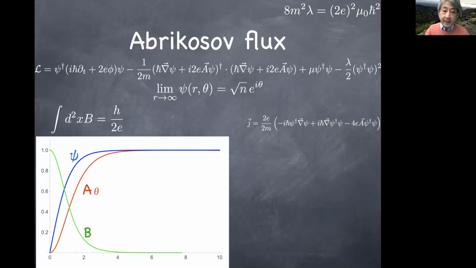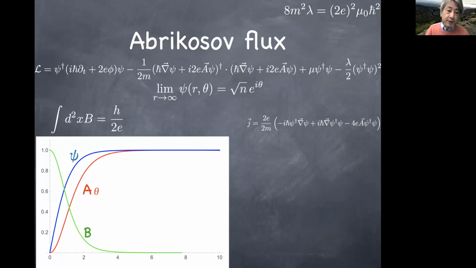And at infinity, A of theta should approach the value to cancel the theta derivative of psi, just like we have done in the case of the donut, right? So that's the constant value over here. At the spatial infinity, that would cancel this covariant derivative of psi. So then the kinetic energy term goes to 0 at spatial infinity, and you can find a finite energy solution because of that. So this cancellation is guaranteed by choosing a particular value of A of theta.